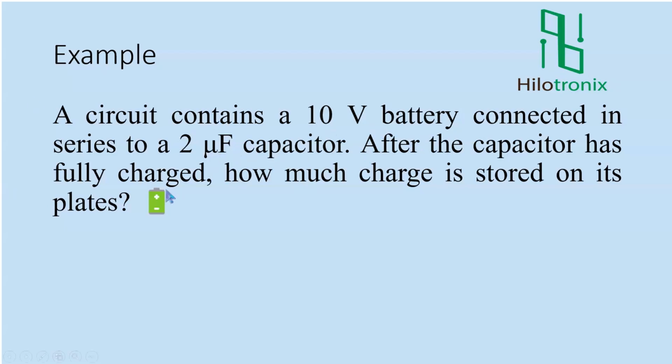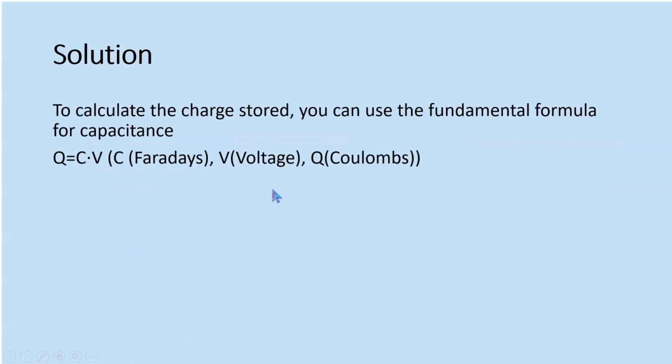So we use the formula. First of all, Q is equal to CV, and therefore we are able to determine the charge. We know that C, the capacitance, is in farads, V is in volts, and Q is in coulombs.